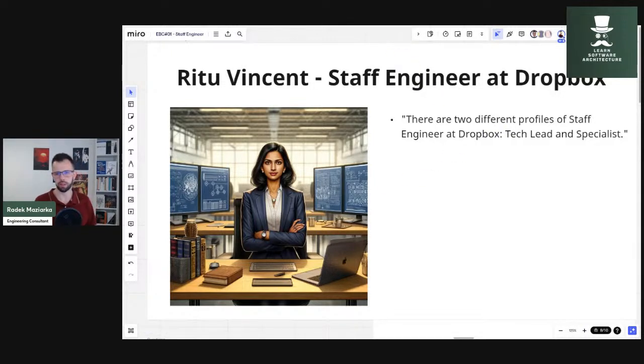But some of the folks work as specialists to solve specific problems related to security or performance. So we actually can have two different archetypes within a single company, because you adapt these archetypes to your own situation, to your own organizational environment.